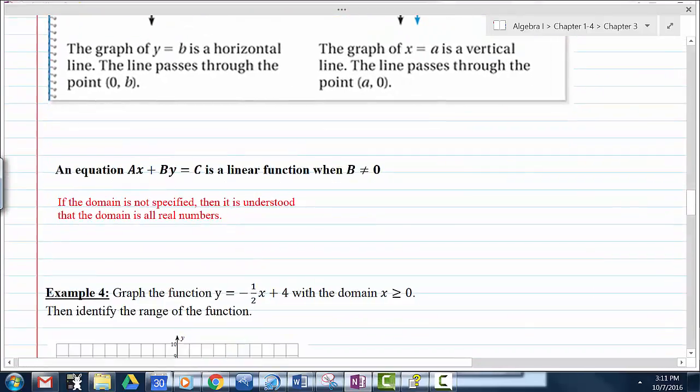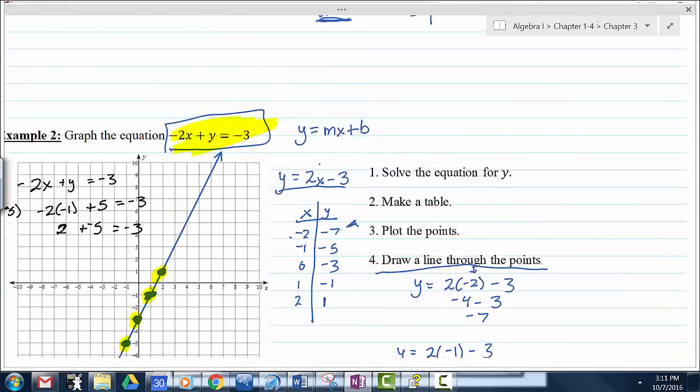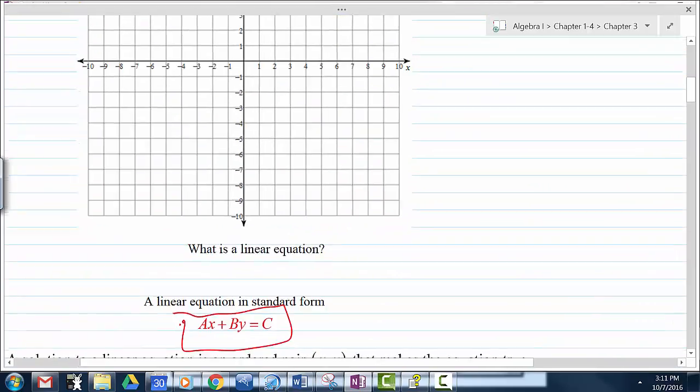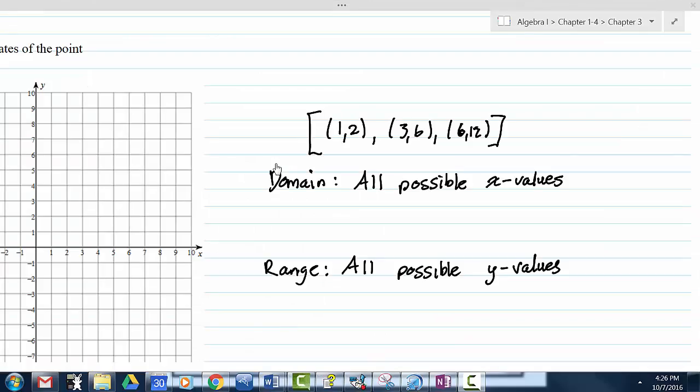Right? Now, let's actually go back up and let's establish something else. A problem that I did before, even better. Remember when we talked about domain and range of a function? We said that the domain was all possible x values.